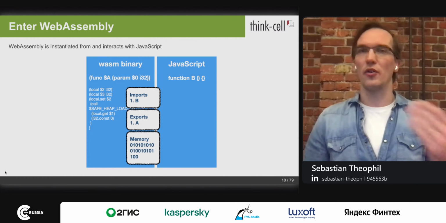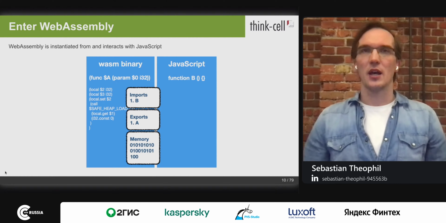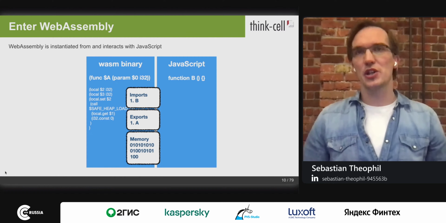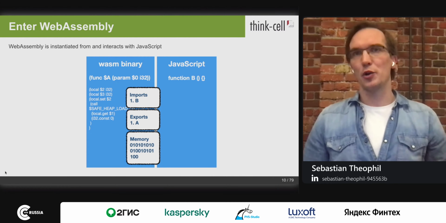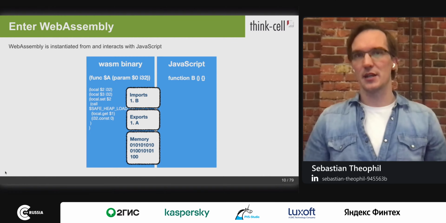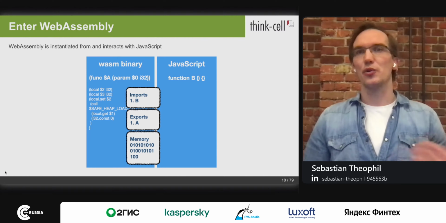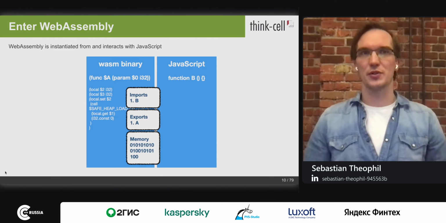So WebAssembly can call function B, and JavaScript can call function A. And WebAssembly can also export its memory object to JavaScript. Now, an important limitation here is that function A and function B can only have arguments and return values which are valid WebAssembly data types. That means they are limited to integer and floating point numbers. You cannot pass JavaScript objects to WebAssembly and back again to JavaScript, for example.